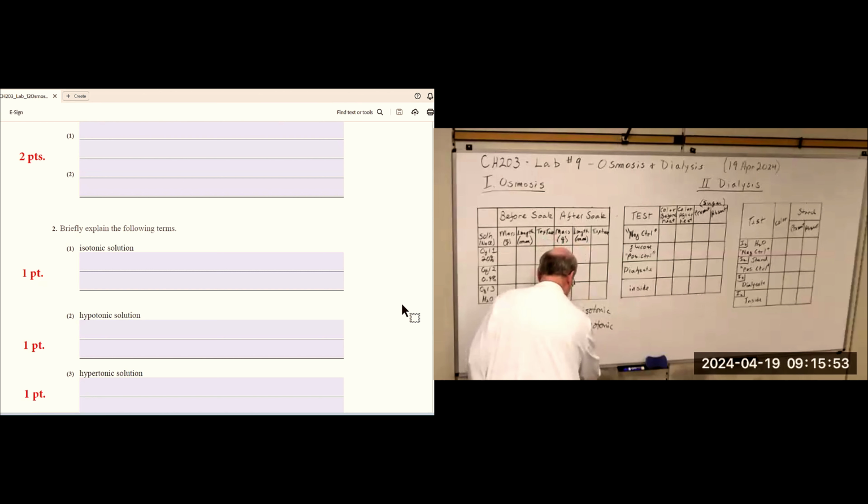Hypo meaning underneath or less than. Like hypodermic, like under the skin, less than. And then hypertonic should be the next one, I think it is. Yeah, hypertonic is a solution that is higher concentration of solute outside the cell than inside the cell.